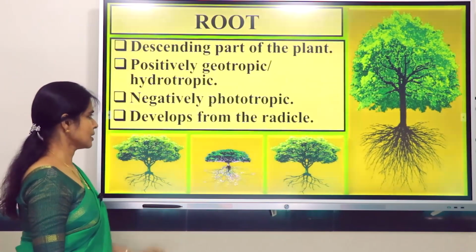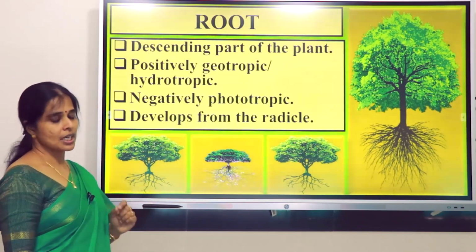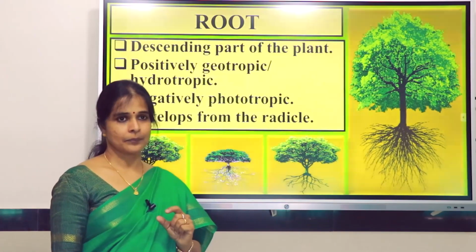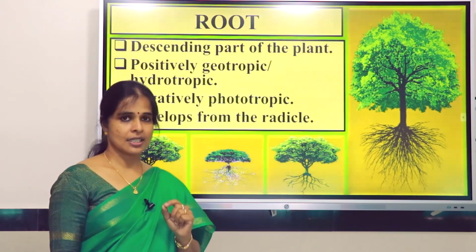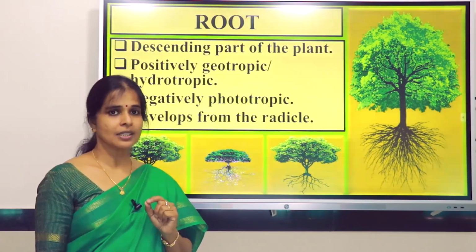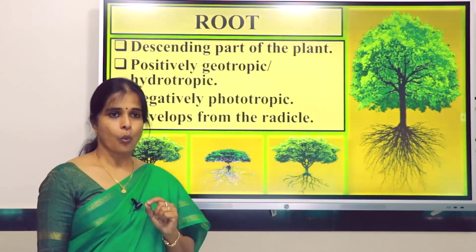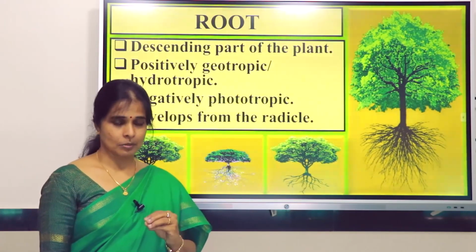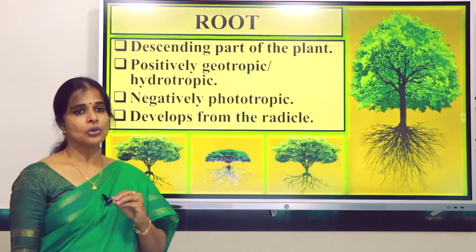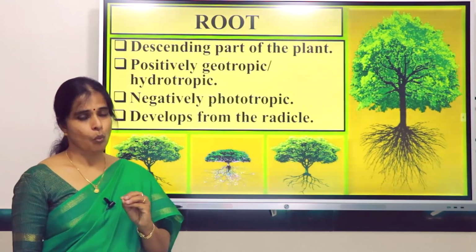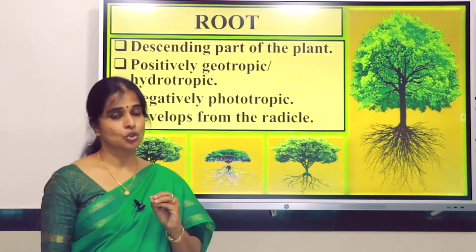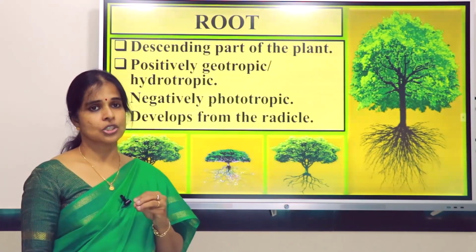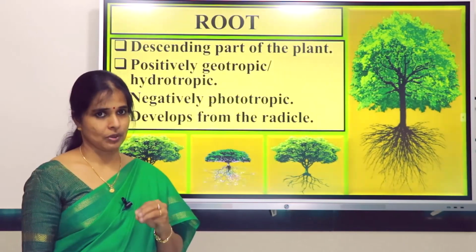Now, the last one: from where the root is developing. When a seed germinates, the growing part inside the seed is known as the embryo. While it develops, one part grows upwards and the other part grows downwards.